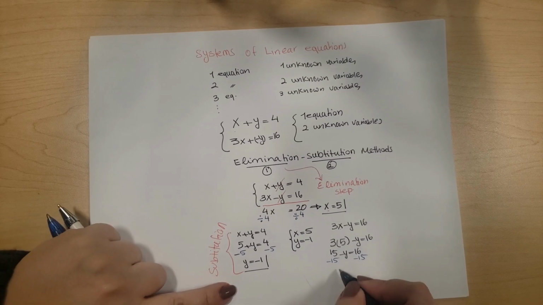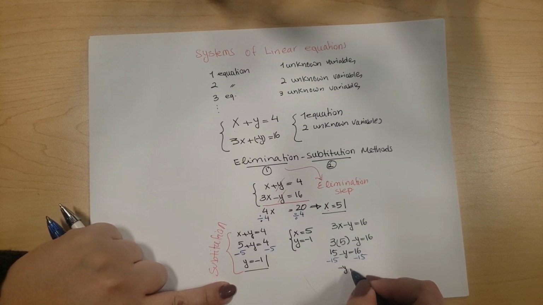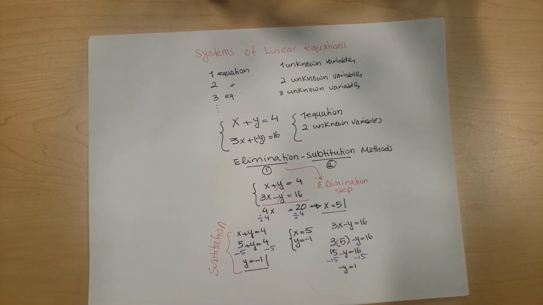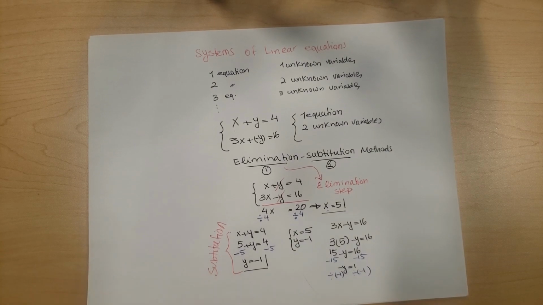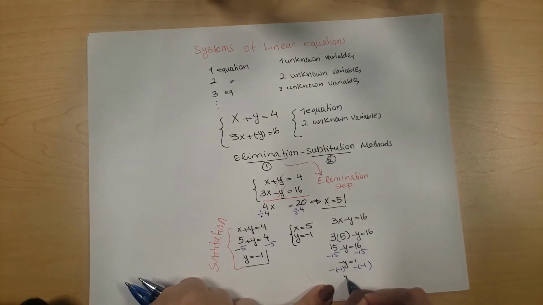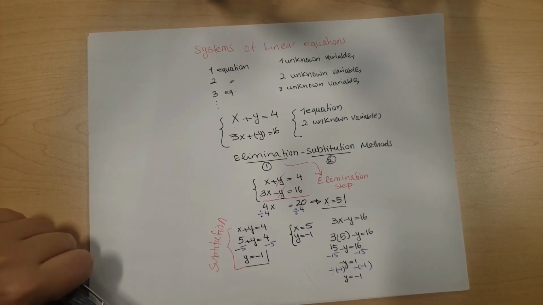So I will end up with negative y equal to 1. Now, in order to get rid of -1, I'll divide both sides by -1. So I will end up with y equals -1.